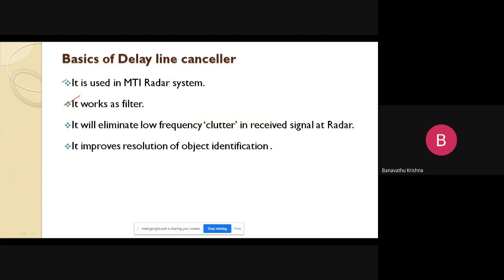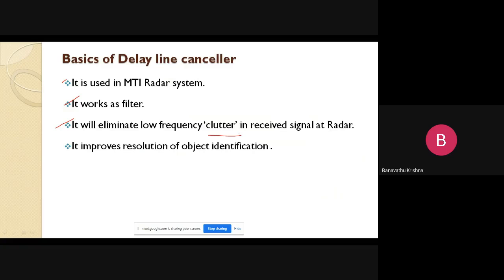It can utilize the filters to remove the low frequency components, which are from the fixed target. It eliminates the low frequency clutters in the received signal at the radar system. Clutter means unwanted signal, and those unwanted signals are reflected from the fixed target.